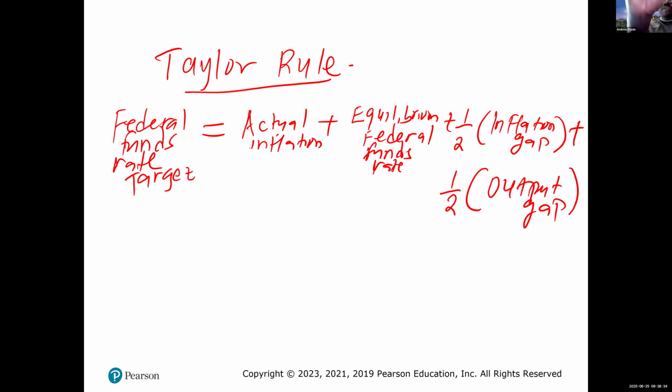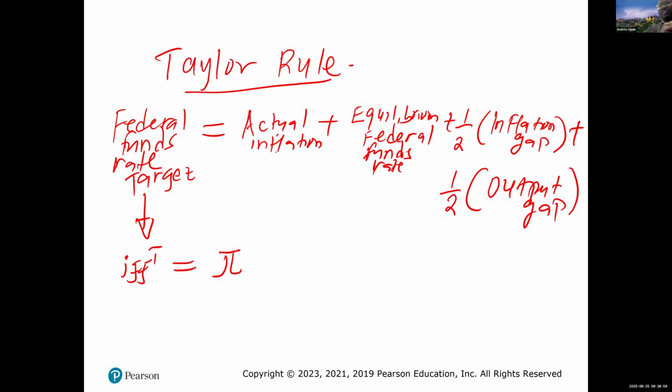So when I say actual inflation, that's the same thing as current inflation. So I can write this in a reduced form. Instead of writing federal funds rate target, I can just write i_FFT. That stands for the federal funds rate target. And then my actual inflation here, I'm going to write this as pi.